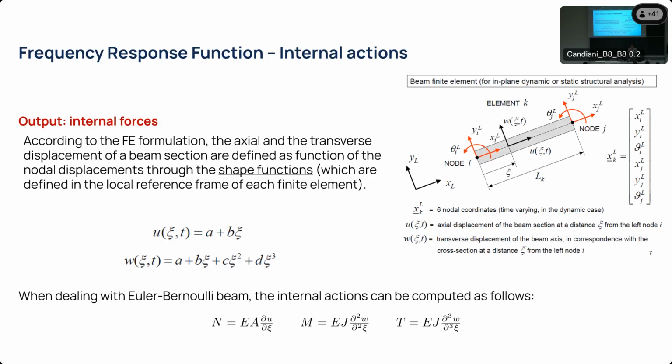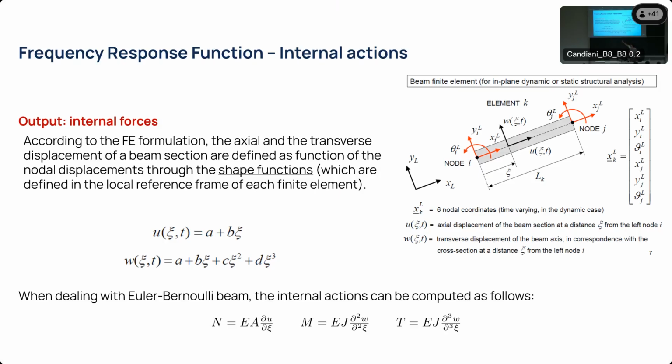If we remember how we passed from the expression of our single beam element and its running coordinate to the mass and the stiffness matrices that we were able to assemble into our code, you remember that we used a framework which was the Euler-Bernoulli beam theory.